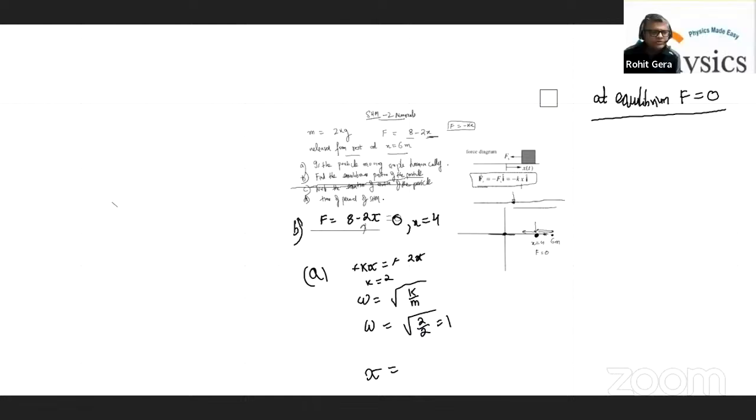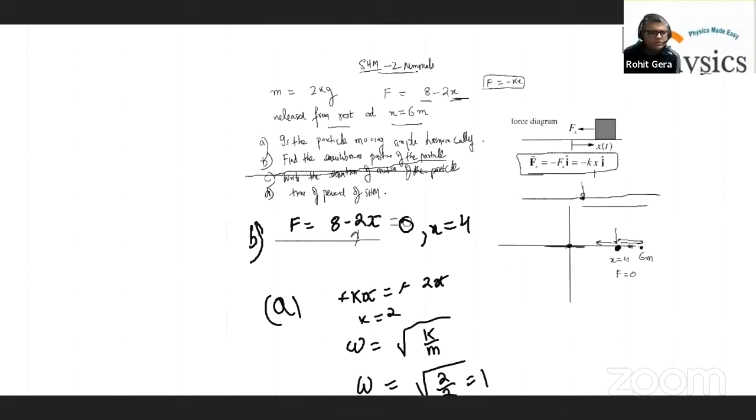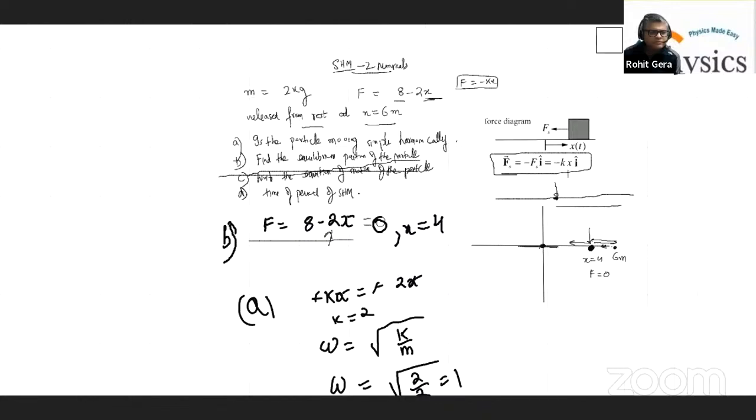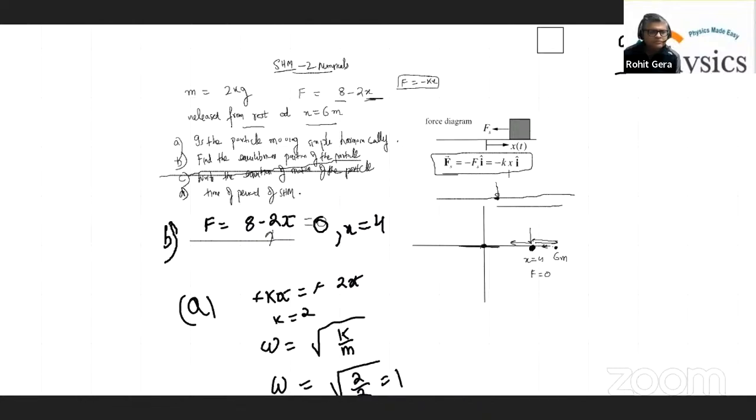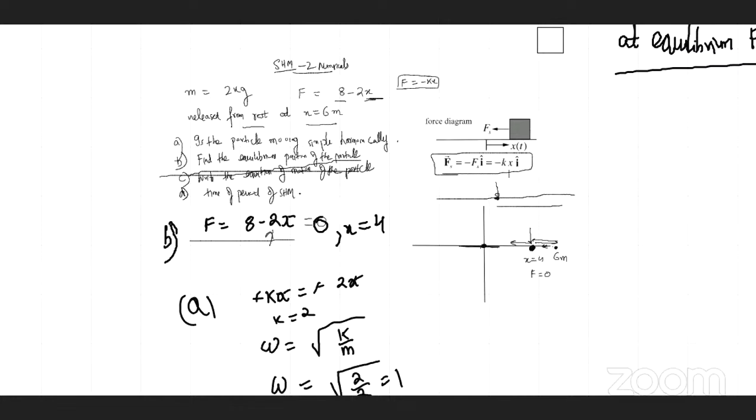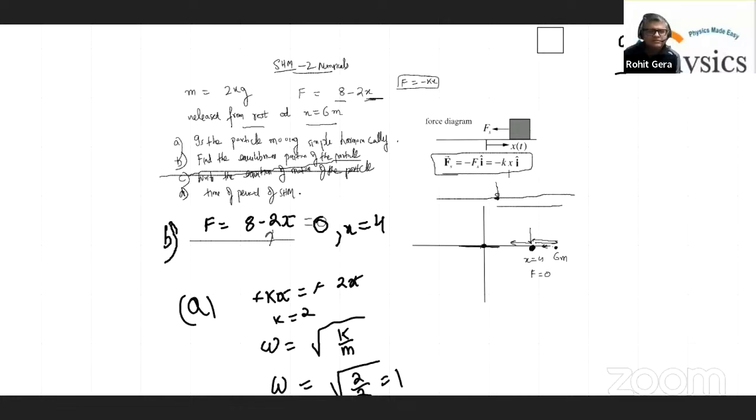Find the equation of the motion. That means x is equal to A sin omega t, right? That is what it means actually. A sin(omega t plus phi) type.